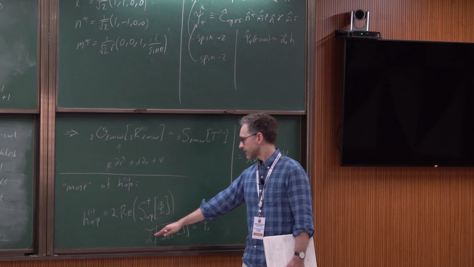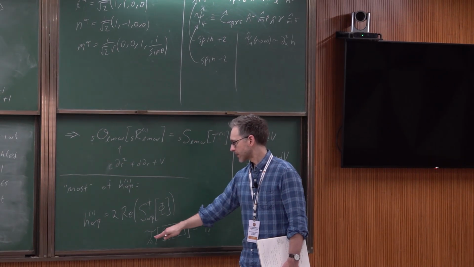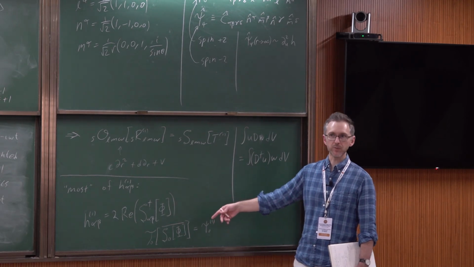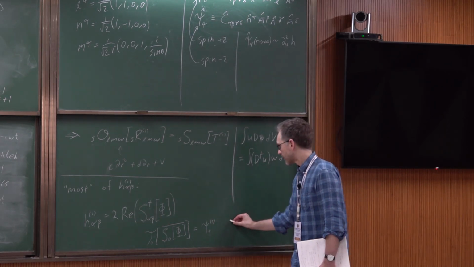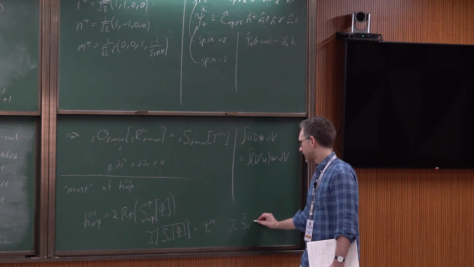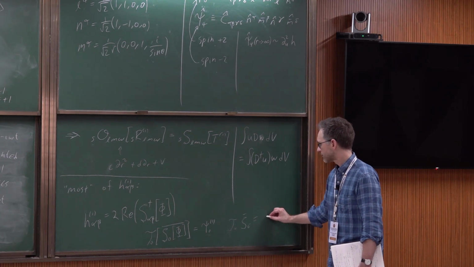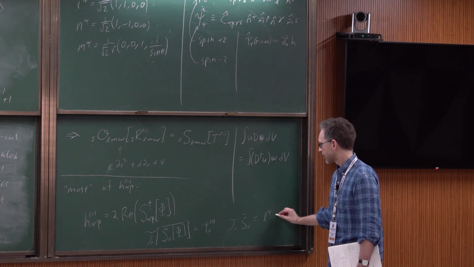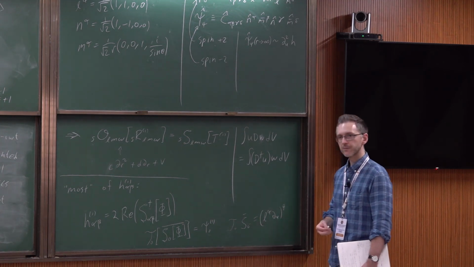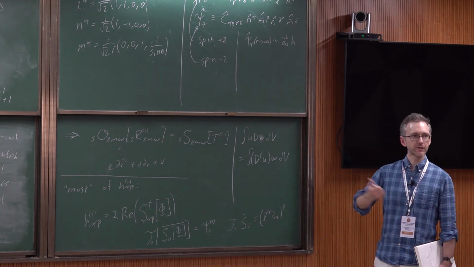And amazingly, this combination of operators here is actually incredibly simple. Each individual operator is quite complicated, but this particular combination is basically l^alpha partial_alpha raised to the power of 4. It's just 4 derivatives in the l direction.